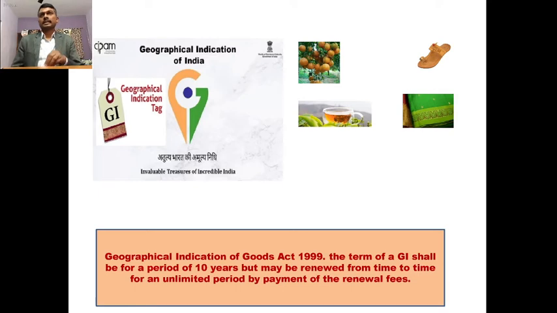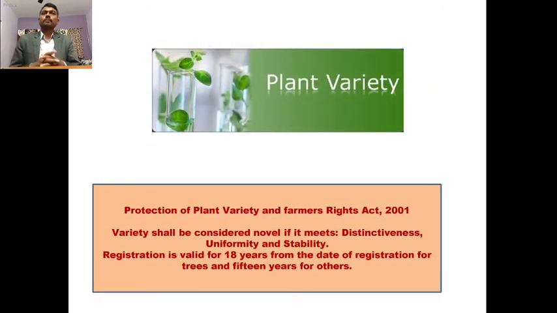So this kind of protection gives them a sense of security and also helps boost their commerce and trade, because now throughout the world people will know about Nagpur oranges, Kolhapuri chappals, Mysore silk, Darjeeling tea. So that itself sets a brand name, and that makes commerce and trade quite easy and smooth.